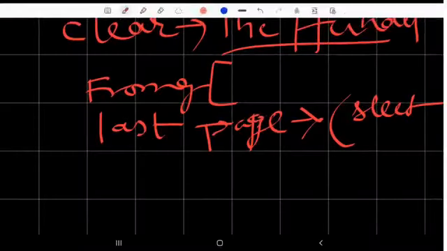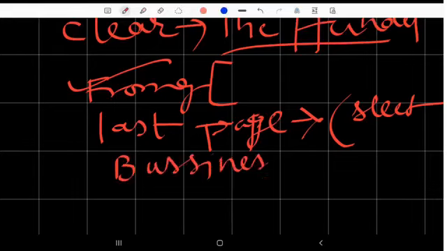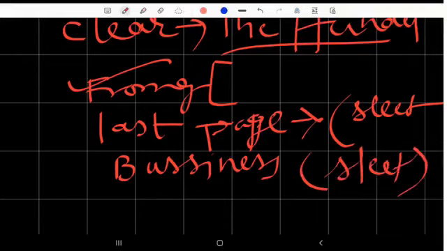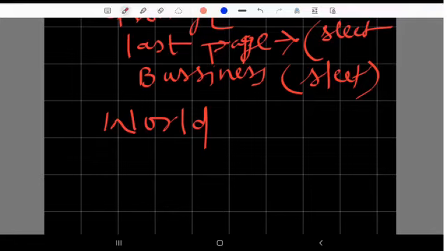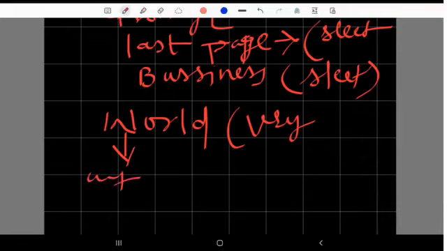So the front page is main, so read the front page totally, the last page selectively, and business news selectively, and world news very selectively, because world news contains news which is connected to India and news which is not connected to India.